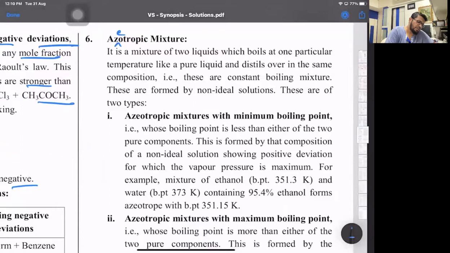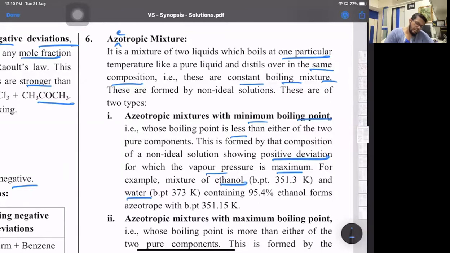Two liquids boil at a particular temperature at the same composition. Okay, they are called constant boiling mixtures. Azeotrope with minimum boiling point: the boiling point is less than either of the two components. This is formed by non-ideal solutions showing positive deviation. Positive deviation means their vapor pressure is maximum because both vapors are coming, like a mixture of ethanol and water.